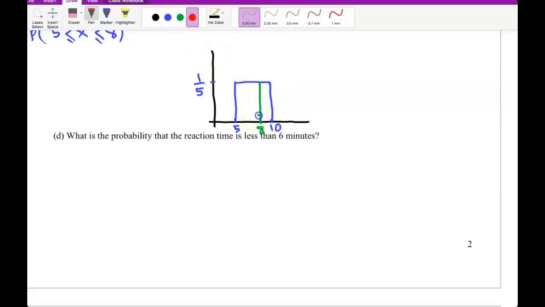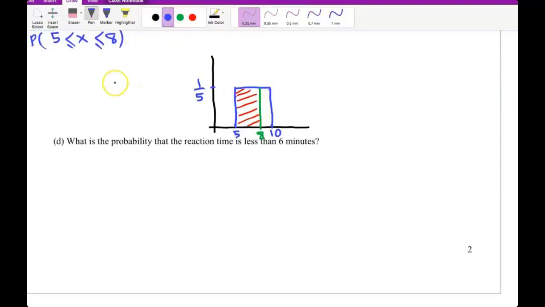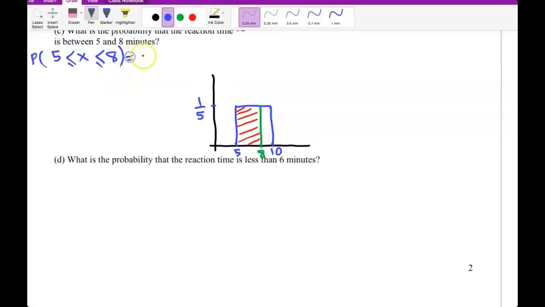So this part we need to find the area between 5, 8 is this part. Okay, so this is equal to 1/5 times the difference between 5, 8 which is 3. And the answer is 3/5.